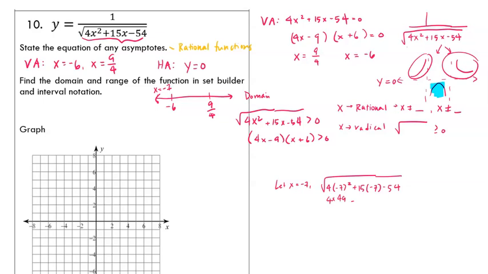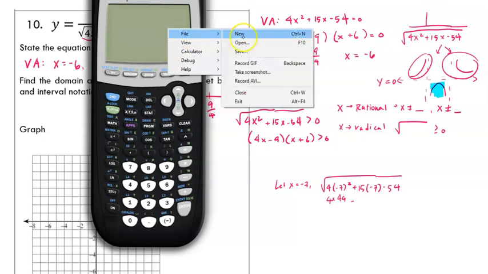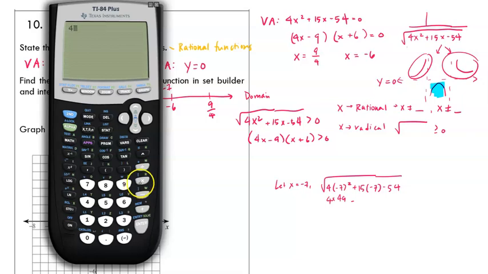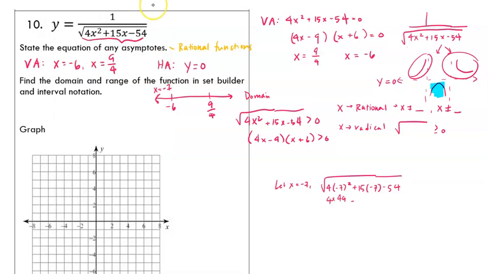And then we're going to get -54. Okay, 4 times 49 plus 15 times -7 minus 54 is 37. It's a positive number. So we know that this is going to be positive. It satisfies the greater than. Oh, I shouldn't put that because it looks like an equal to. It satisfies that.